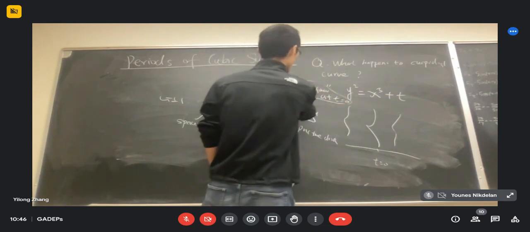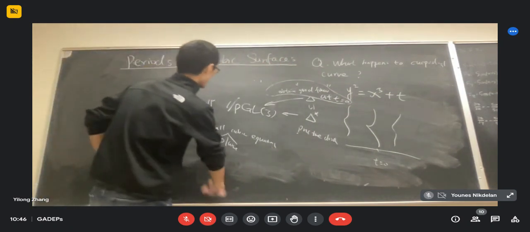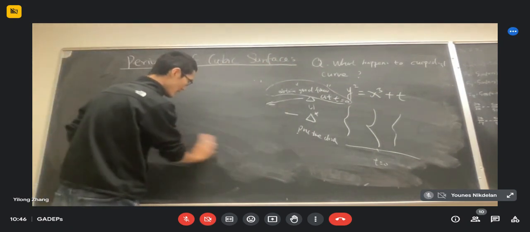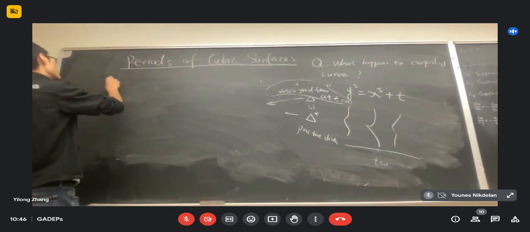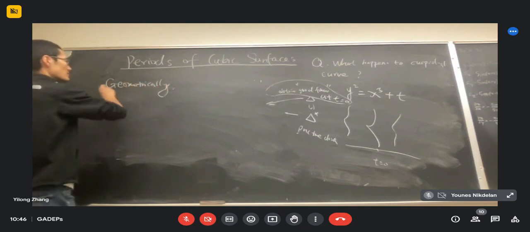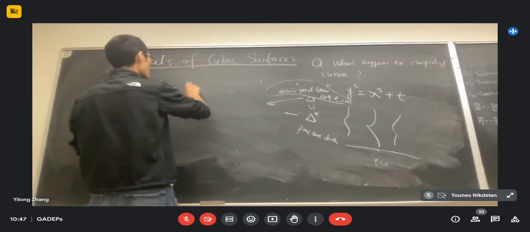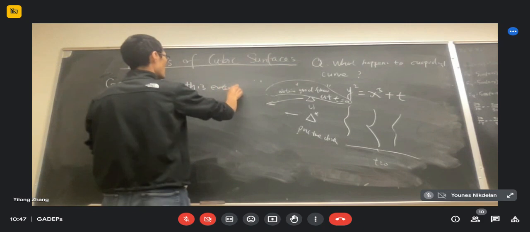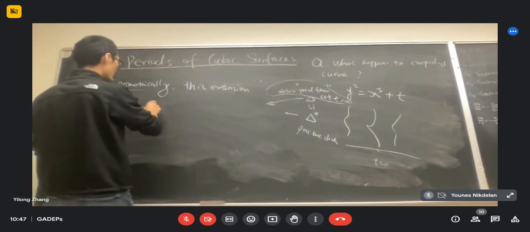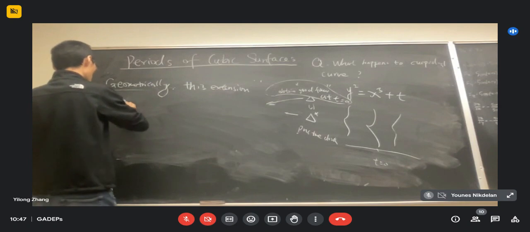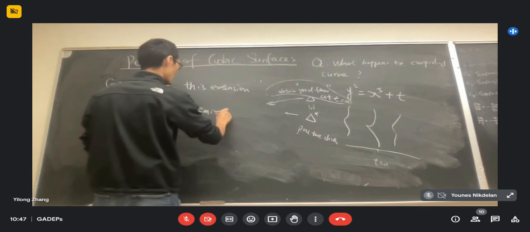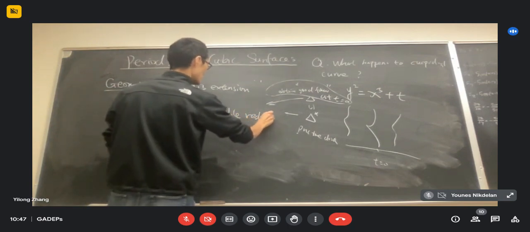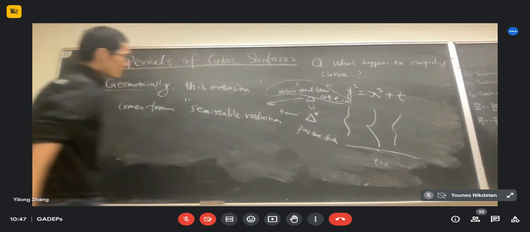Geometrically, this extension comes from a so-called semi-stable reduction.